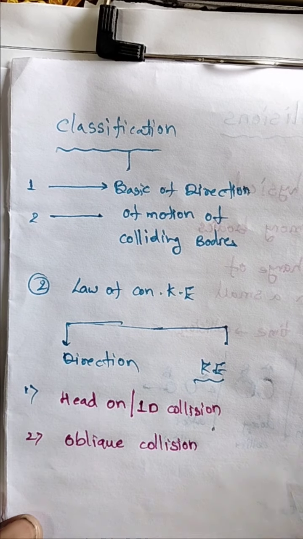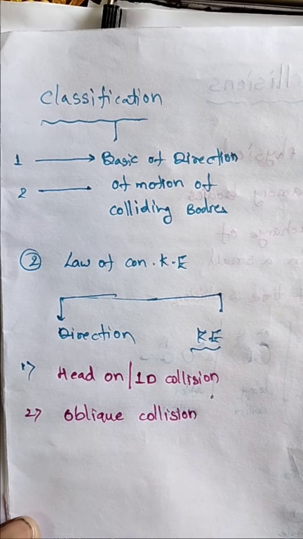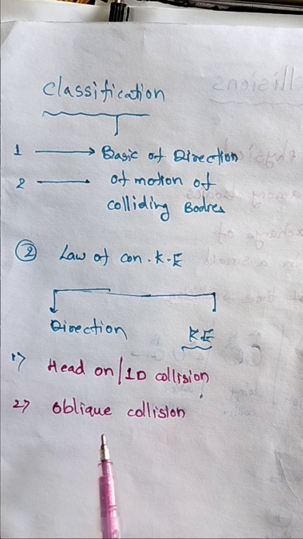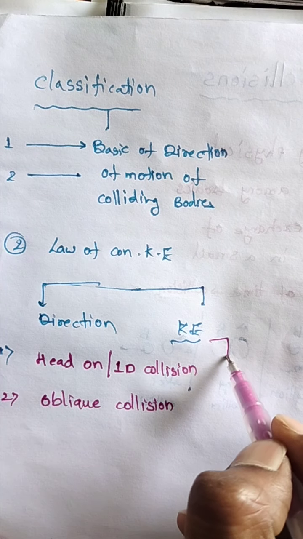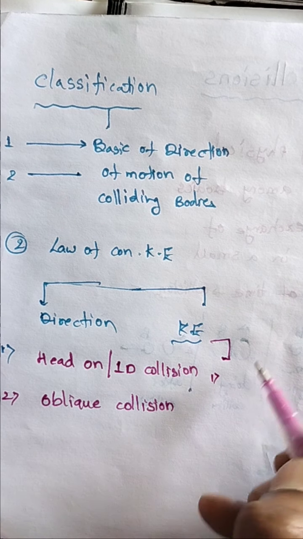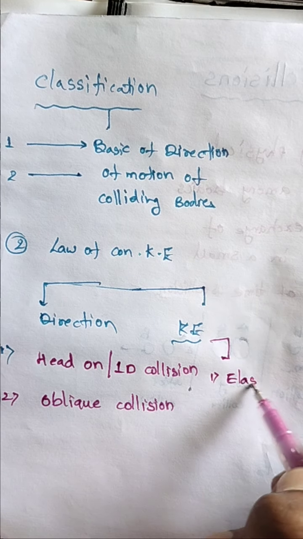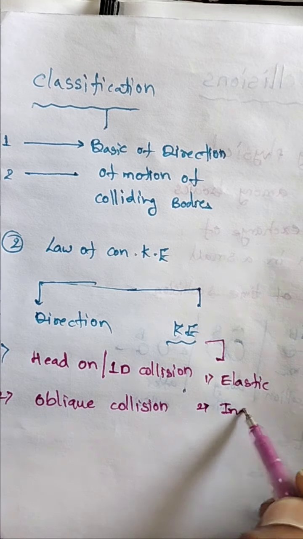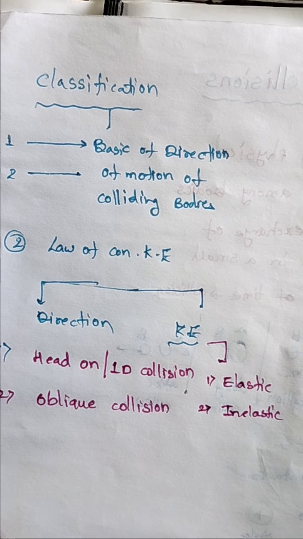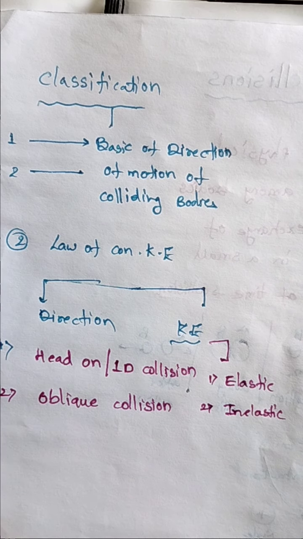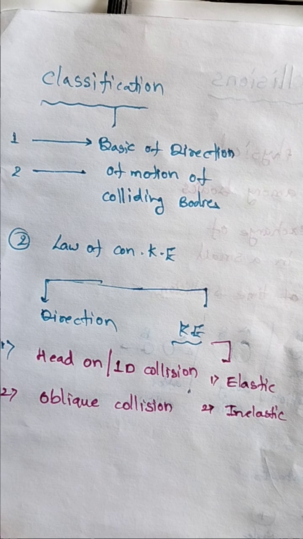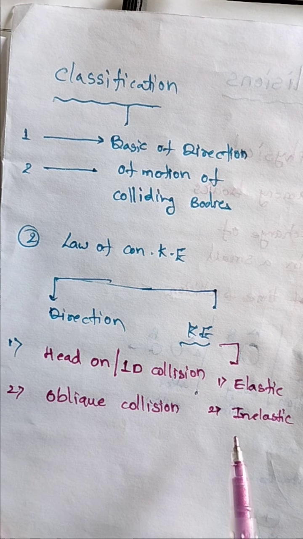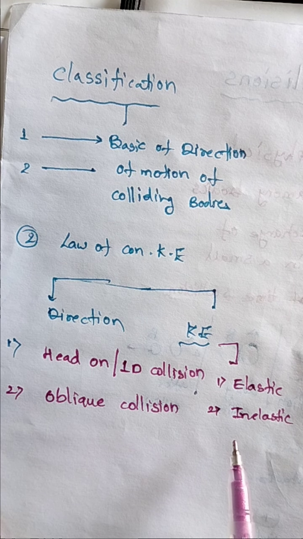So on the basis of the direction of motion of the colliding bodies, one is head-on collision and another is oblique collision. Depending on kinetic energy, the collisions are elastic and inelastic. That is, perfectly elastic and inelastic or semi-elastic collisions.